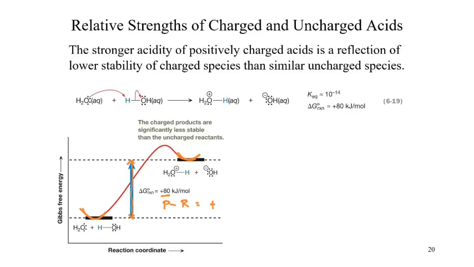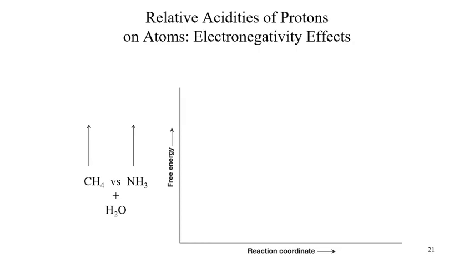Okay? So, how could we use that for other reactions? Say if we were going to compare the relative acidities of CH4 versus NH3. Well, if I want to go through and look at this, both of these are going to release an H+, because we're talking about them acting as acids.